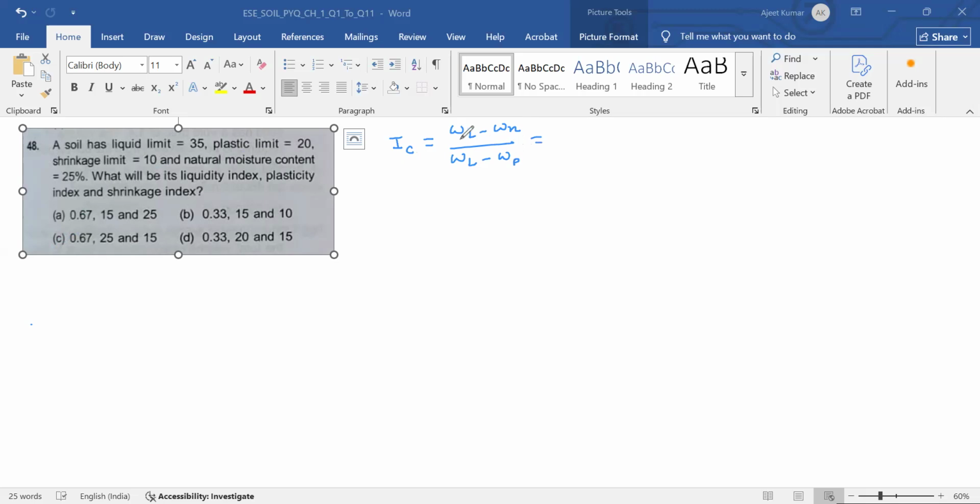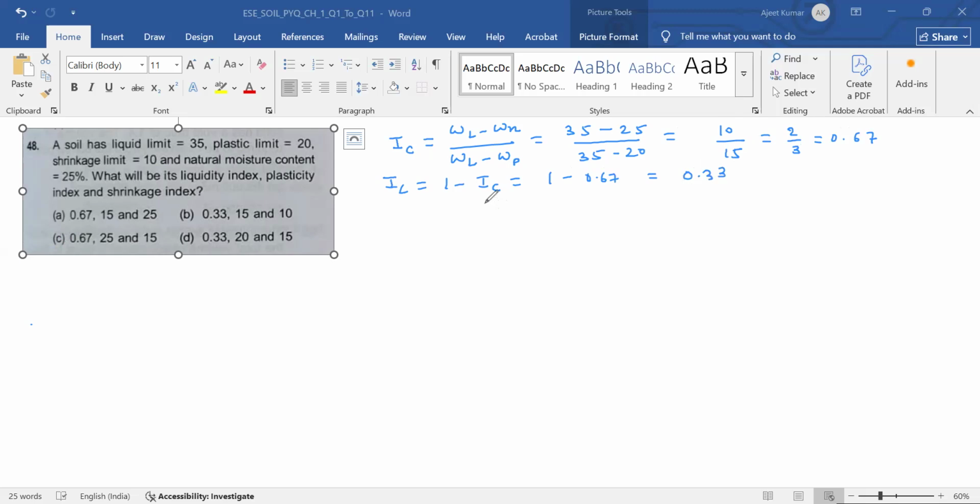So WL, the liquid limit, is 35, minus 25, divided by 35 minus the plastic limit, 20. So this is 10 upon 15, which is 2 by 3, 0.67. Therefore, IL will be 1 minus IC, which is 1 minus 0.67, that is 0.33.